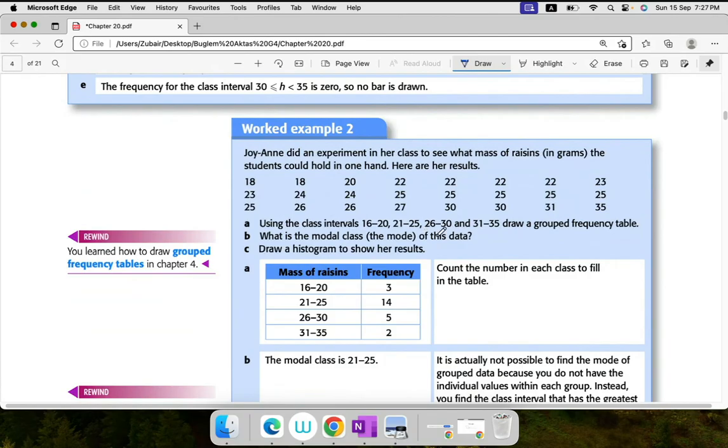Like if there is a value 25.5, where would we place it? Which is definitely not in this case. There is no value in decimals. But when we draw, that would be a bar chart, and if he asks us to draw the histogram, we'll have to eliminate that gap. So first of all, 16 to 20. 1, 2, 3.